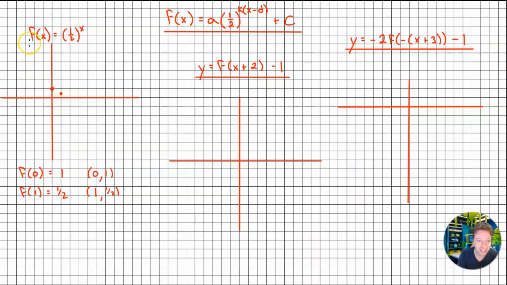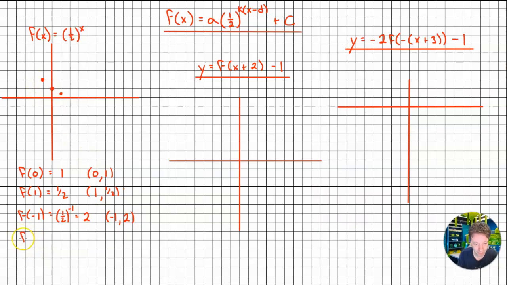Now it looks like in this case, because this is a decreasing function, this is just going to get smaller and smaller. So instead of choosing f of 2 and f of 3, let's go backwards. And let's choose f of -1. Well, if we have 1/2 to the power of -1, you just flip that, that's a 2. So another point we could use is -1 and 2, which would be here.